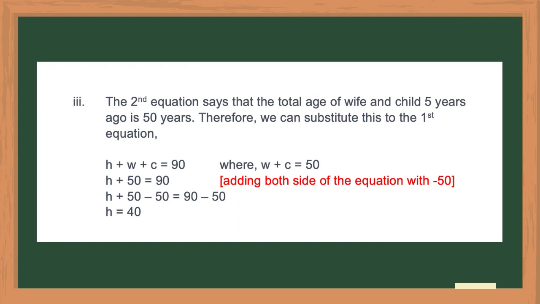So the first equation becomes H plus 50 equal to 90. Adding negative 50 to both sides to cancel out 50 on the left side, H is equal to 40. Therefore, from sample problem number one, the husband's age is 40 years.